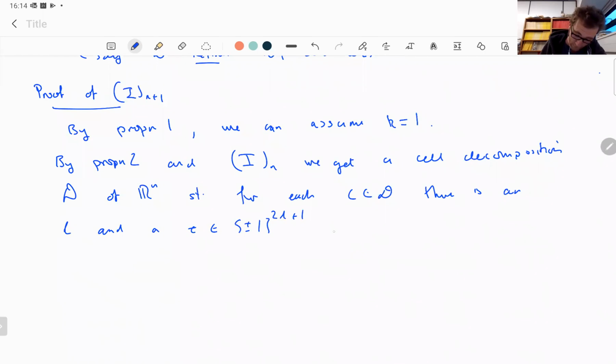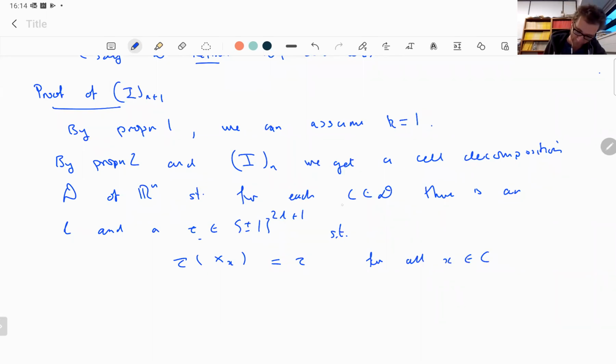So such that the fiber over this x is the given type for all x in the cell.